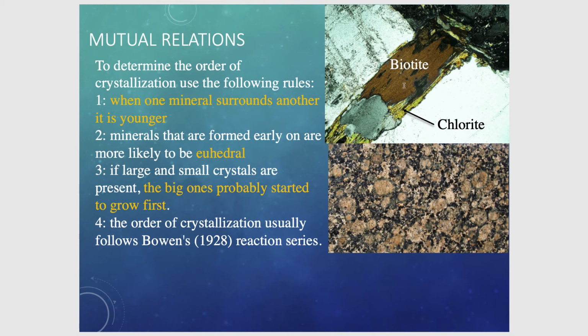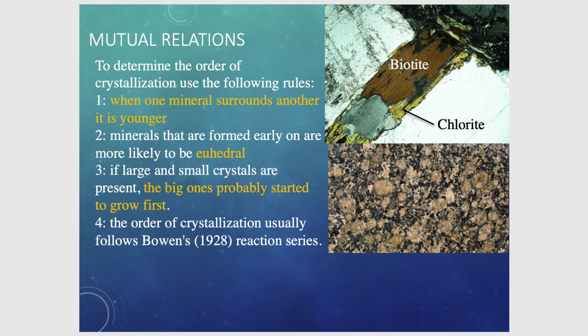Quite often biotite will be older, because usually the mineral that is surrounded by another is older. So the core here is older than the chlorite. So the chlorite is growing afterwards on top of the biotite.